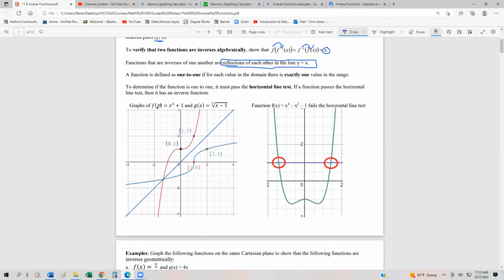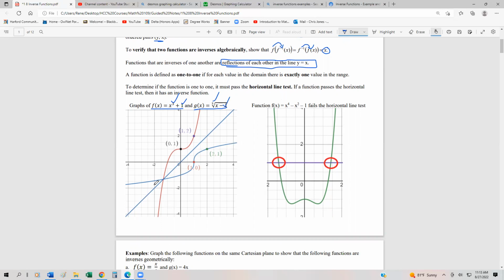Consider these two functions. f of x equals x cubed plus 1, and g of x equals the cube root of x minus 1. Those functions I think most people could see are inverses. A cube and a cube root are inverses, and then adding 1 and subtracting 1 are inverses.